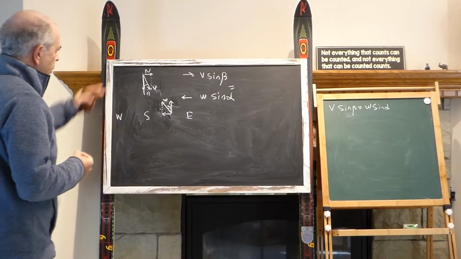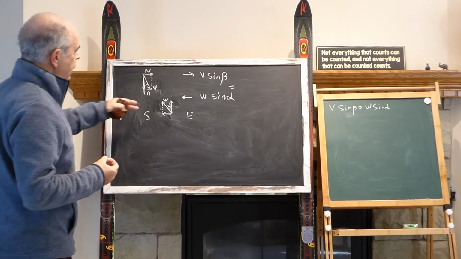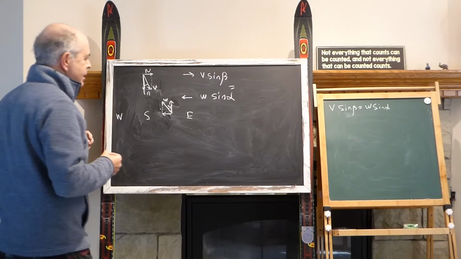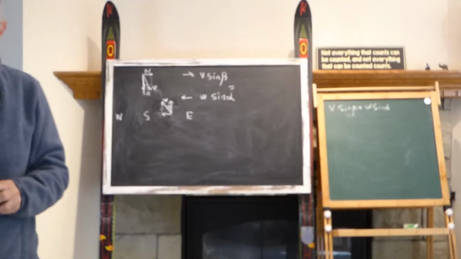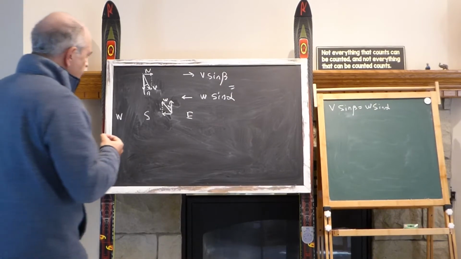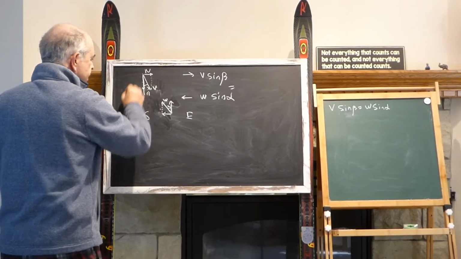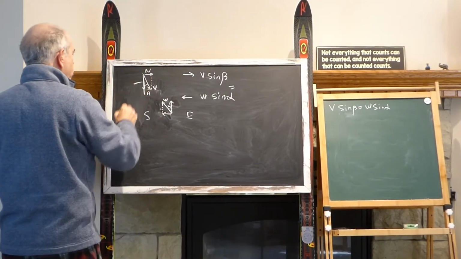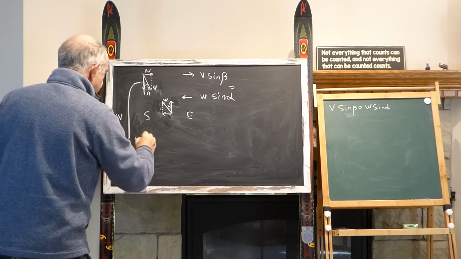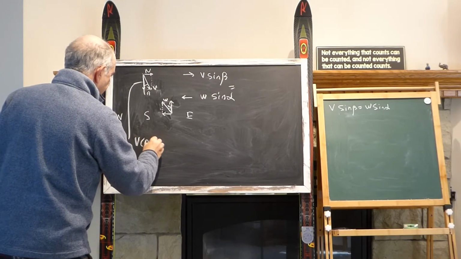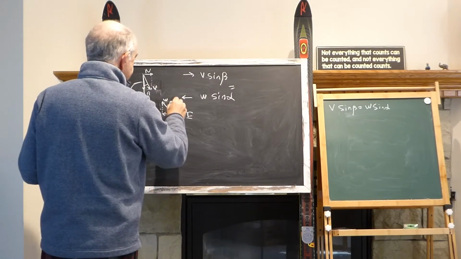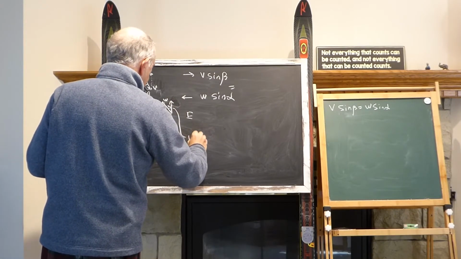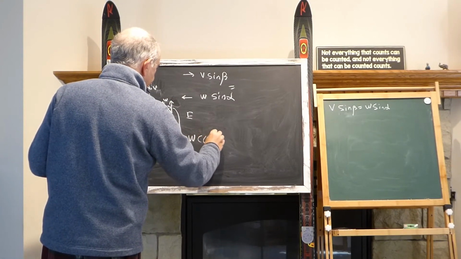Okay, now let's check what's going on from here to here. From here to here, the speed of the aircraft is V cosine beta, because this angle is beta, and this component is exactly V cosine beta. And the wind component is W cosine alpha.